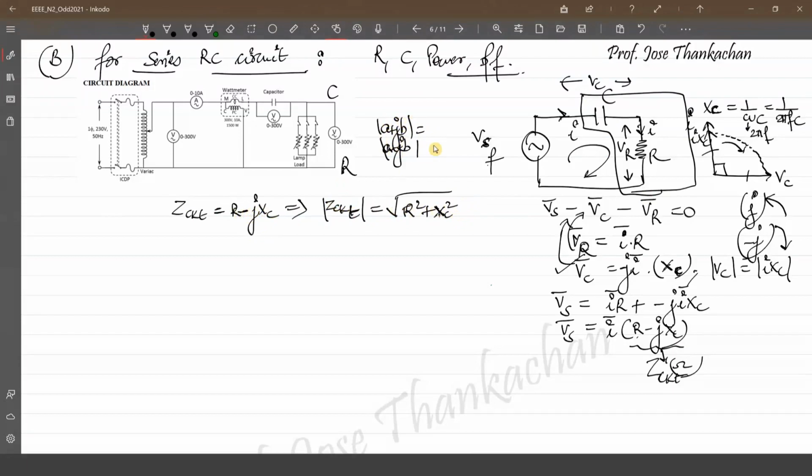They both are the same magnitude wise, root of A square plus B square. So here also it is root of R square plus XC square. Fine. That is Z circuit here.